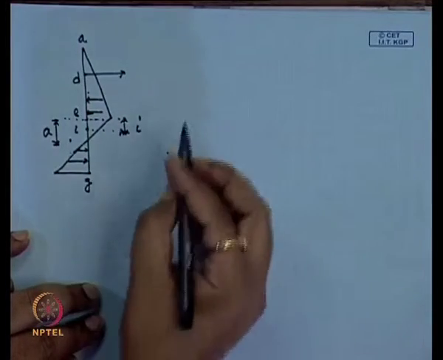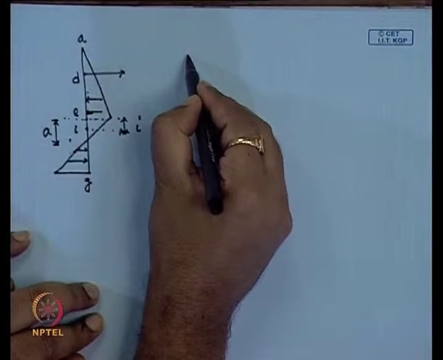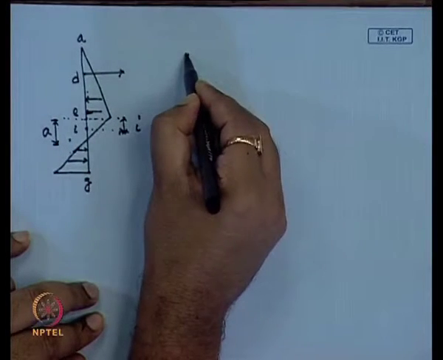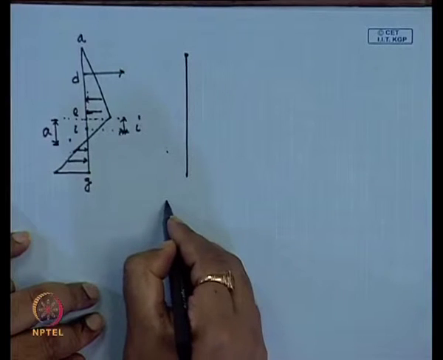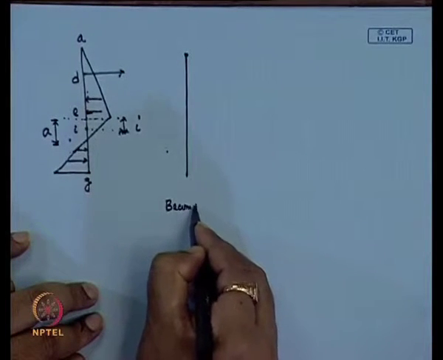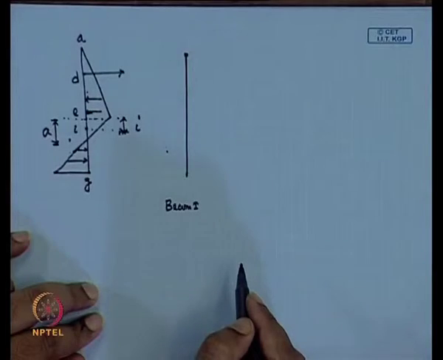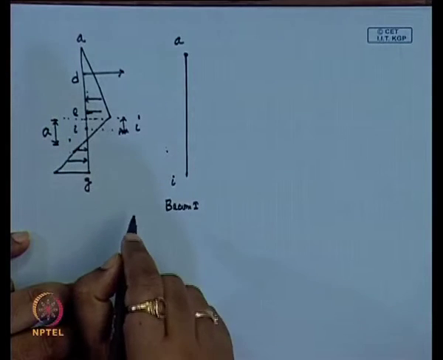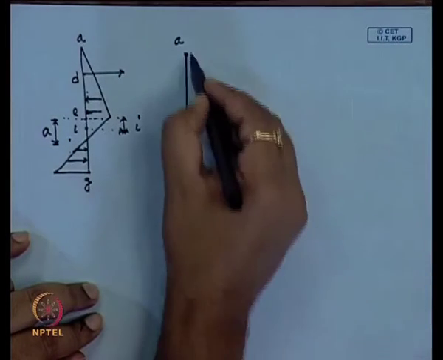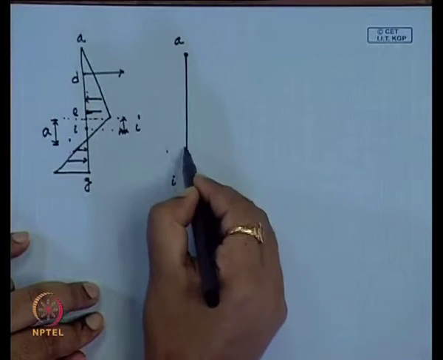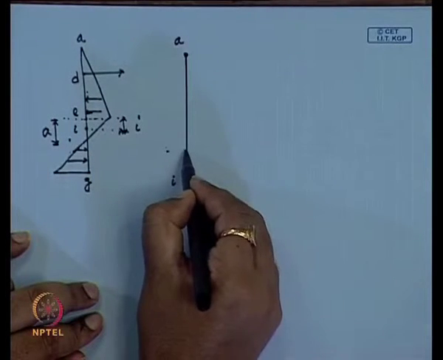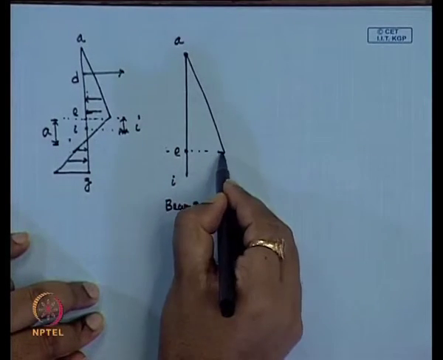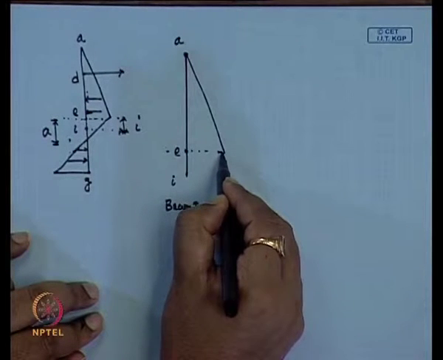Now, if I take two beams, this is our first beam, beam 1, from A to I, and if I draw the diagram for that beam, this is the dredge level, this is the E point, and then this lower part.